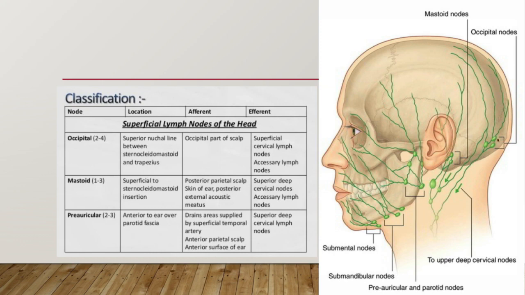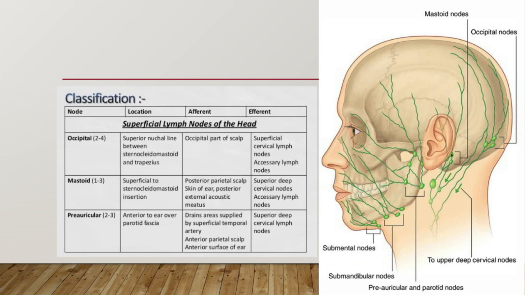The occipital group of lymph nodes gets its lymphatic drainage from the occipital part of the scalp, and from here it goes to the superficial cervical lymph nodes and the accessory lymph nodes in this region.